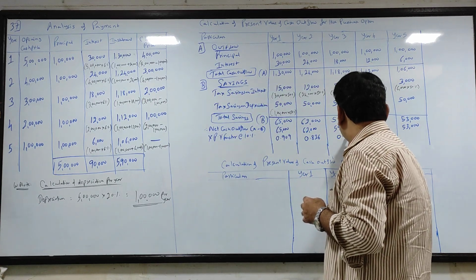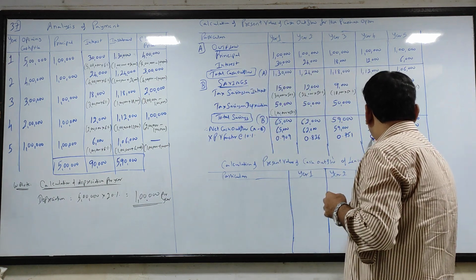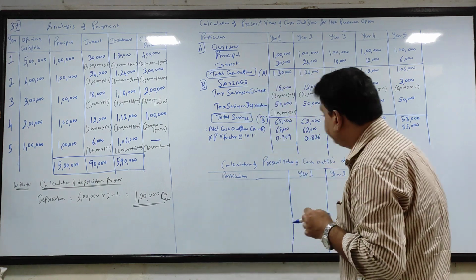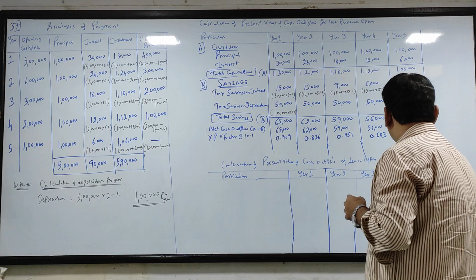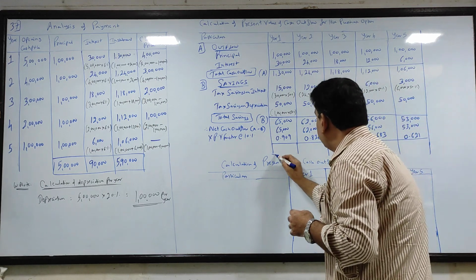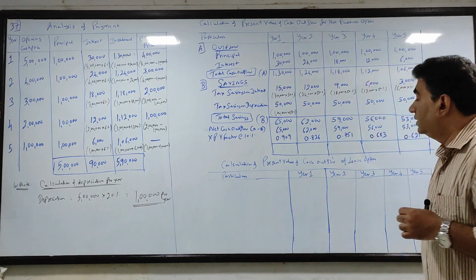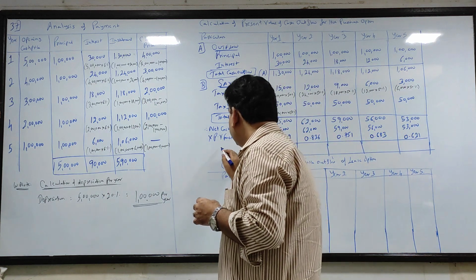Third year 0.751. Fourth year 0.683 and fifth year 0.621. Got it? Take the multiplication, that will give you the present value of cash outflow.